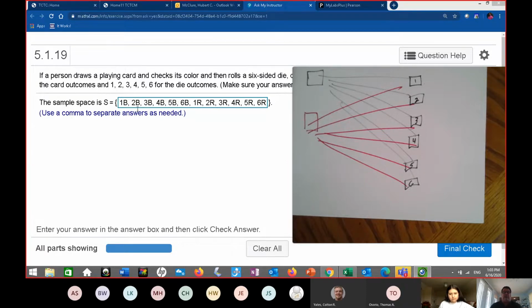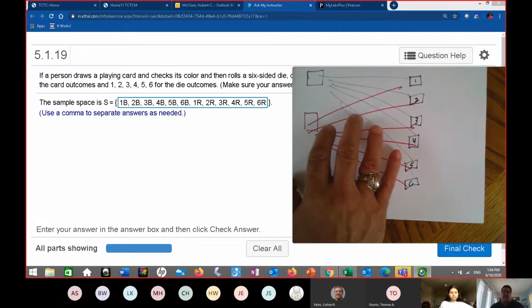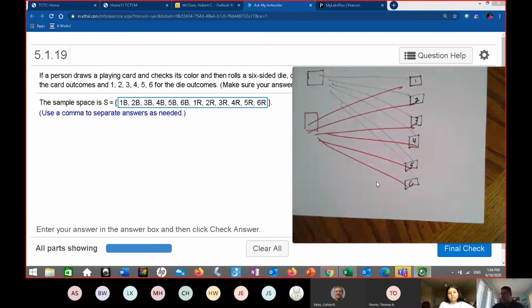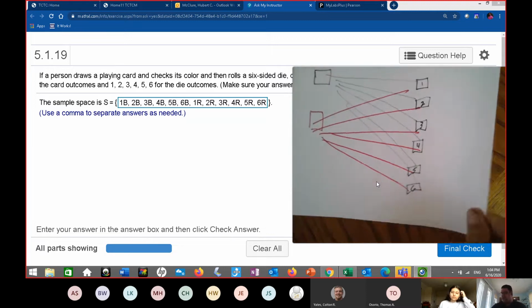In fact, I would use the colors first: black 1, black 2, black 3, black 4, black 5, black 6, and then red 1, red 2. I wouldn't do it this way. Okay? So if it is a test question, it's not a hard one. I just don't like those questions. It's just me.